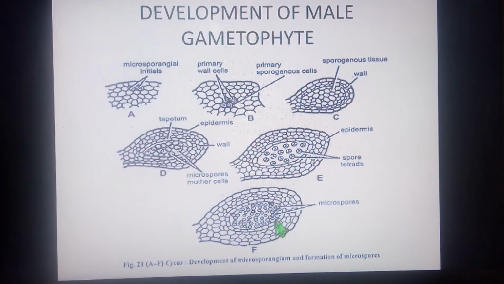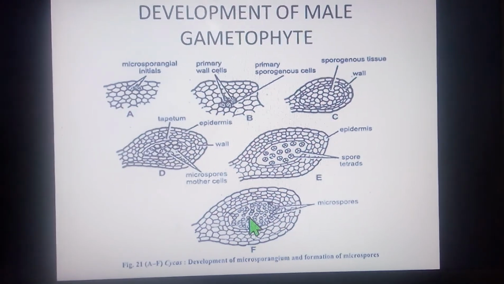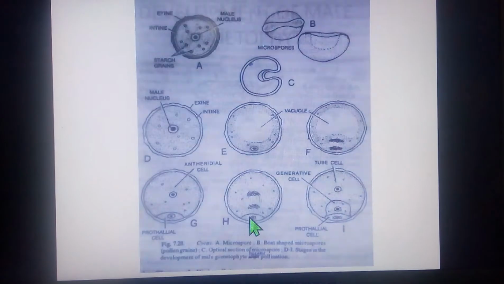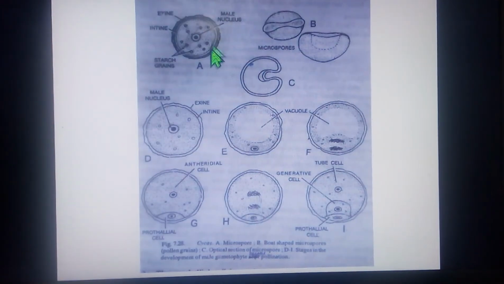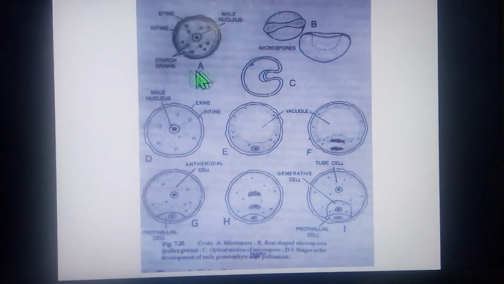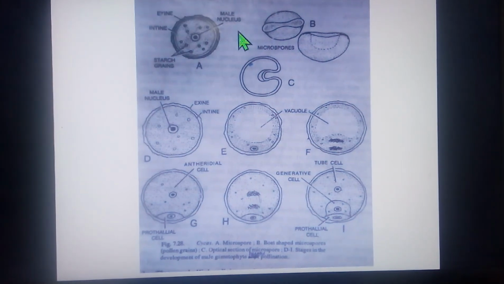Now we will take a look at the development of each microspore. As I said, the microspore will develop inside the microsporangium before pollination and also after pollination, when it reaches the ovule.